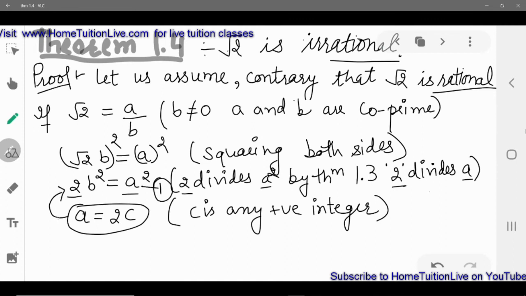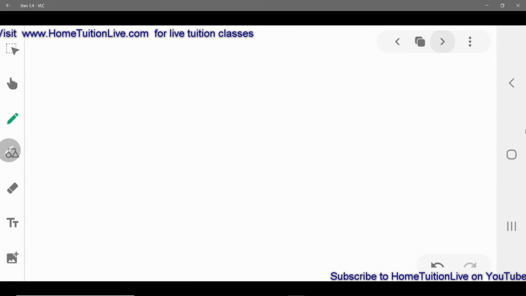Now 2b square is equal to (2c) whole square. Now 2b square is equal to 4c square.